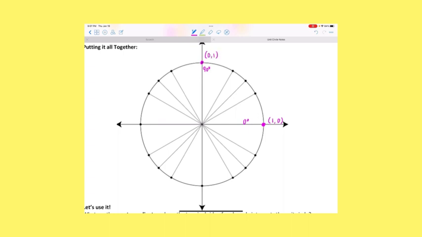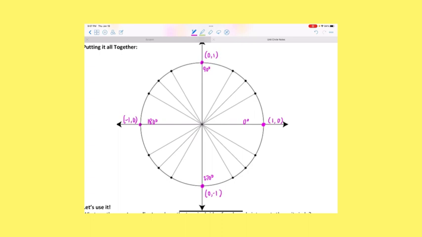And then if I went another 90, I know I'm at 180 degrees, that the coordinates here would be negative 1, 0. And if I go down here to a 270-degree angle, that these coordinates would be 0, negative 1. And those coordinates are going to be just as important as all of the others. We'll come back to that in a second.